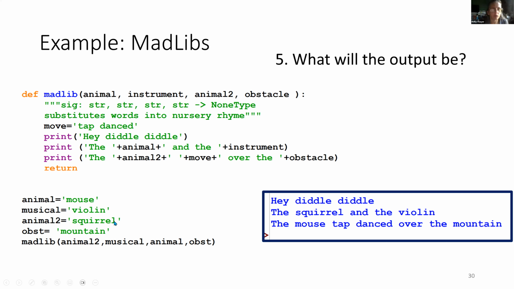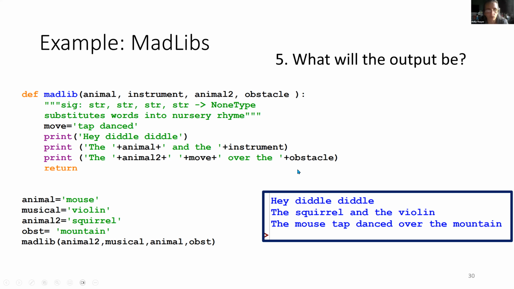Animal 2 is squirrel, so this is why we get the squirrel. Now we have to do our next substitution, instrument, which had been receiving the information from musical, which happened to be violin. So we'll now substitute in violin here.